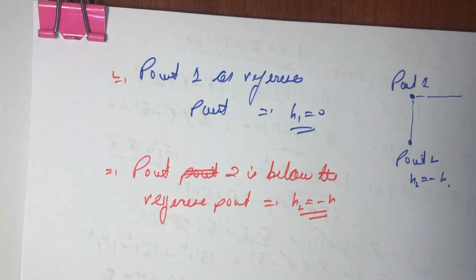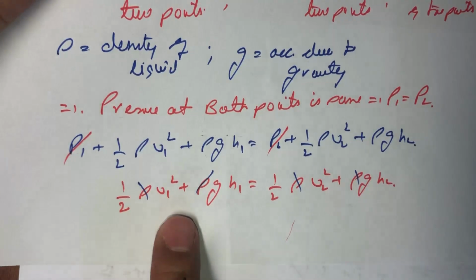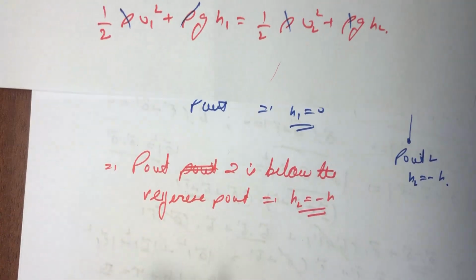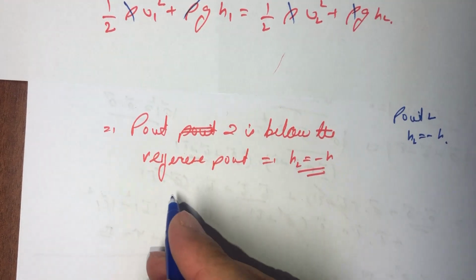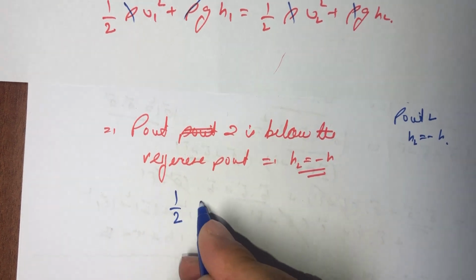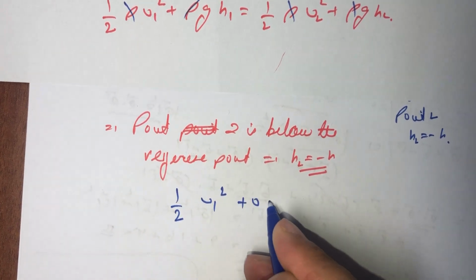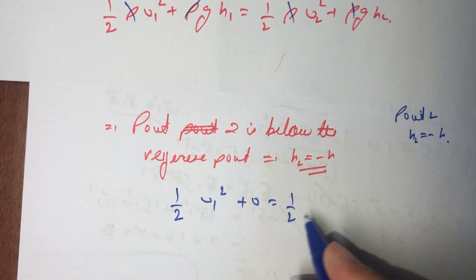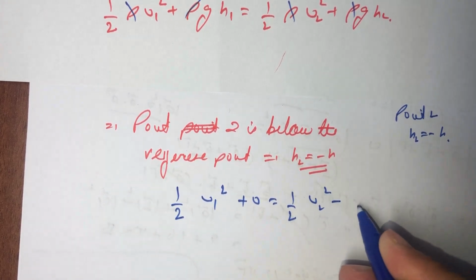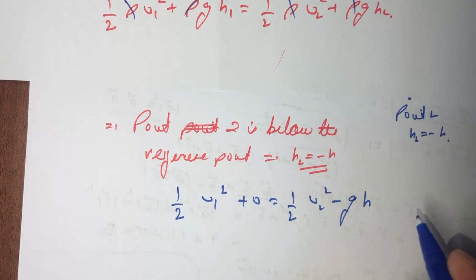So substitute in the equation, H1 is 0, so we are left with half V1 square plus 0 is equal to half V2 square minus gH.